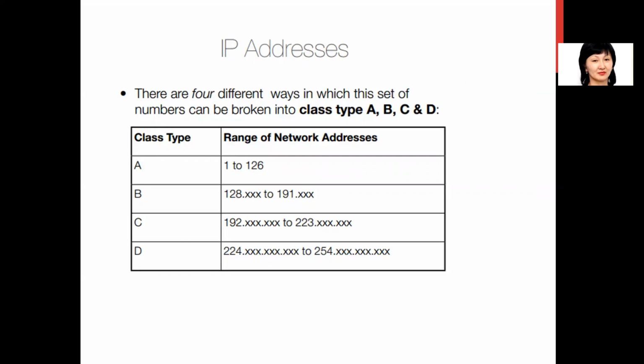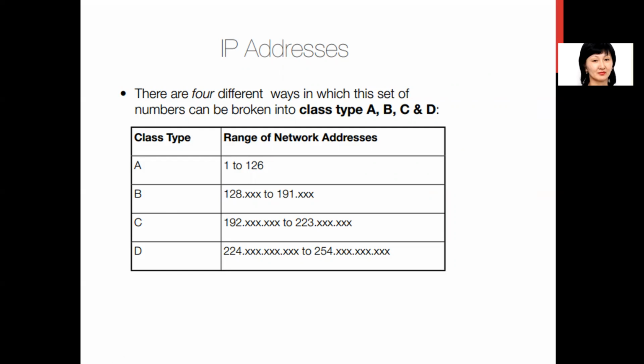Now about IP address class types. There are 4 different ways in which this set of numbers can be broken into class types A, B, C, and D. Class A is from 1 to 126. Next one, class B, is from 128 to 191.